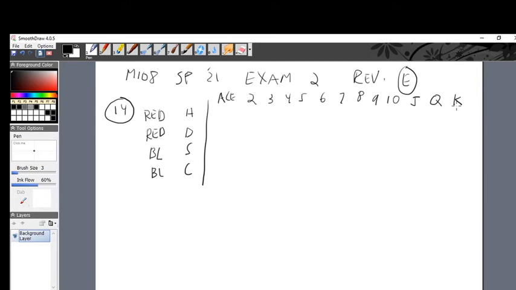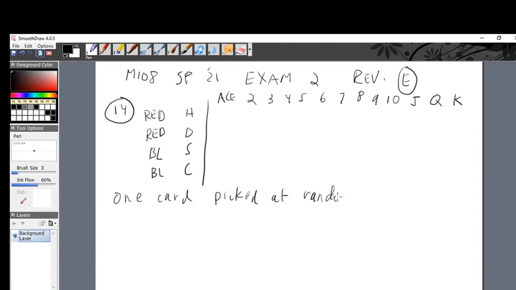So there's 13 in each: 13 of hearts, 13 of diamonds, 13 of spades, 13 of clubs. Total of 13 times 4 is 52 cards. Now, one card is picked at random.